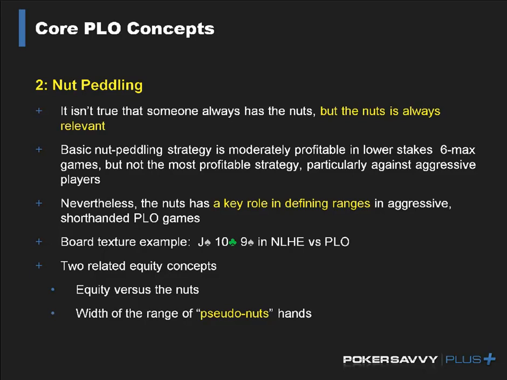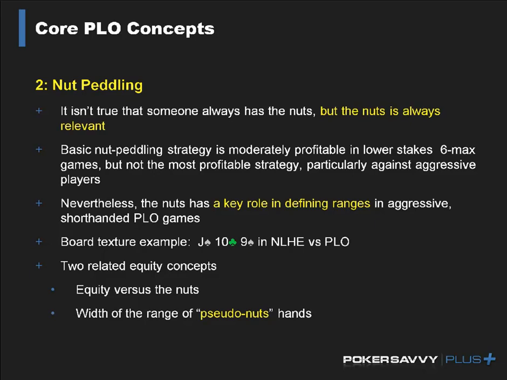The ace king of spades hand is significantly a better hand, and the hand that you're much more likely to want to get stacks in with, because it is basically a coin flip against king queen as well, whereas queen 8 is crushed by king queen, and that factor is extremely important. So the main point is that when you're looking at your equity versus a range that is putting in a lot of money on most flops in PLO, you need to be thinking about your equity versus the nuts.